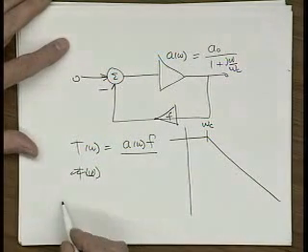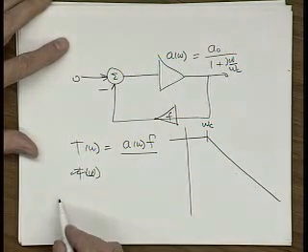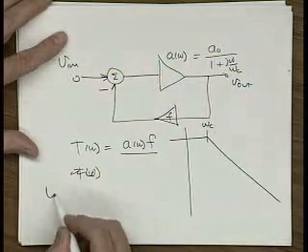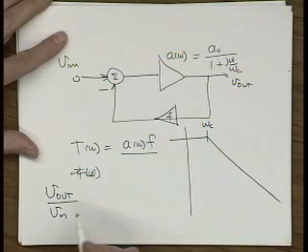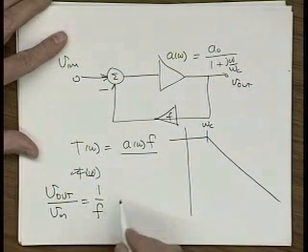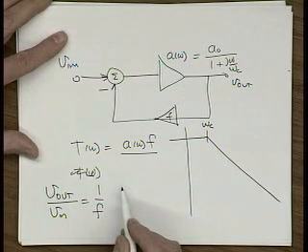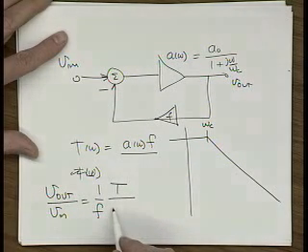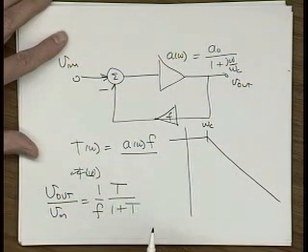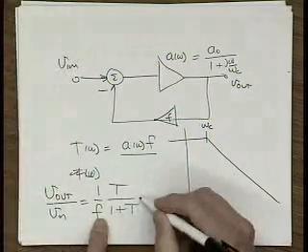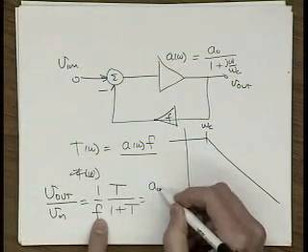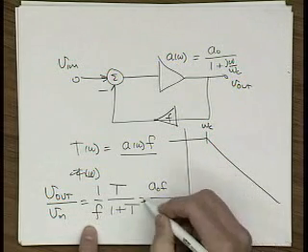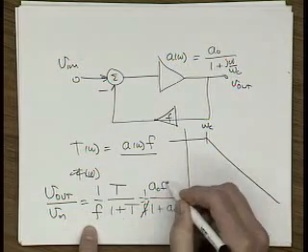First, the closed loop response, V out over V in, is equal to 1 over F times T over 1 plus T. This is actually equal to A0F over 1 plus A0F times 1 over F. The F's cancel.